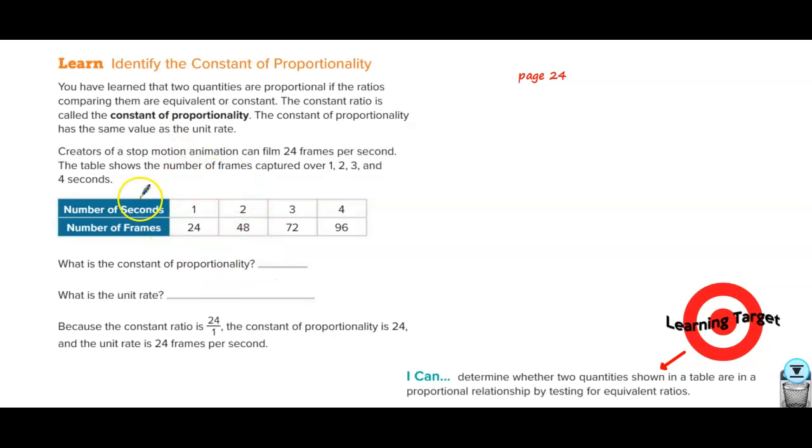Well, you're always looking for the unit rate, because for 1 second is 24 frames. So each of these is going to reduce to 24 over 1 frames per second. This one is also equal to 24 over 1 if you reduce that fraction. So the constant of proportionality is 24, and the unit rate is 24 frames per second.